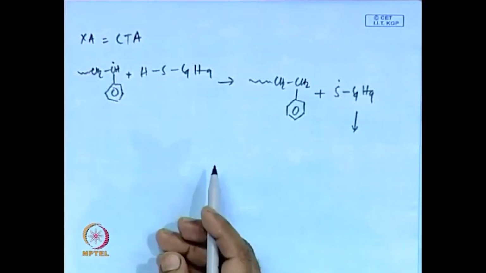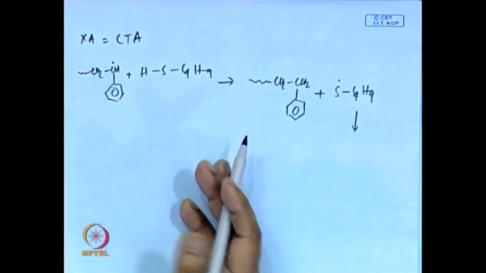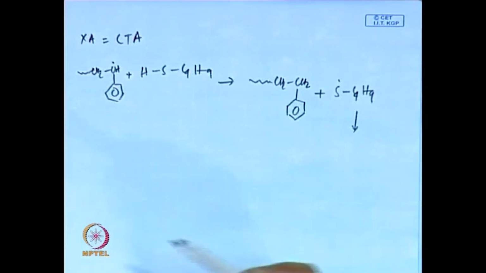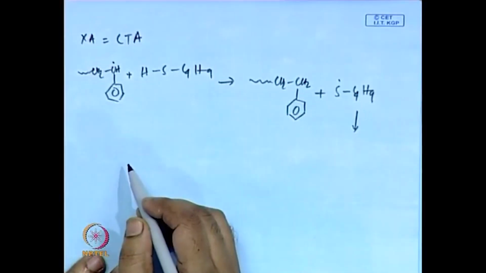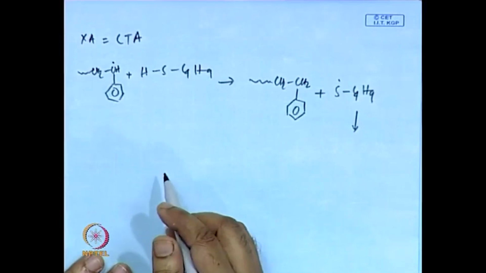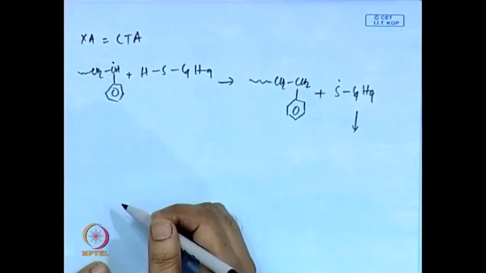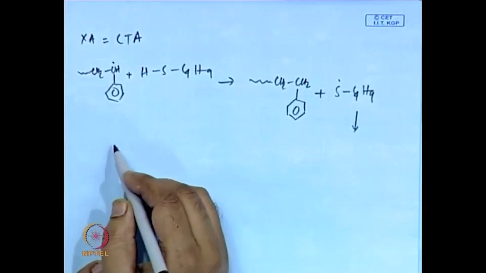In all these cases, except the chain transfer to the polymers, you are generating more chains at the end of the polymerization, which means that you are breaking a chain, and as a result the molecular weight or the number of degrees of polymerization is lower than if there was no transfer reaction present.